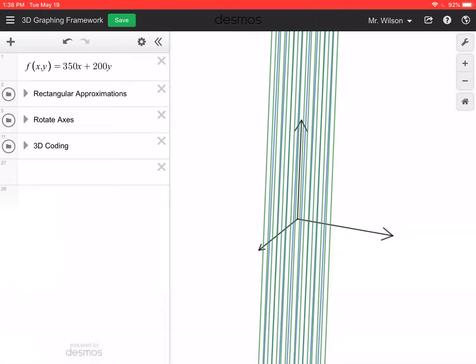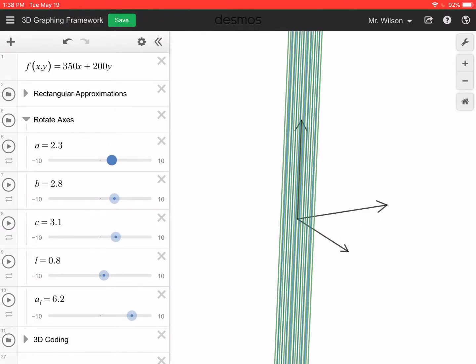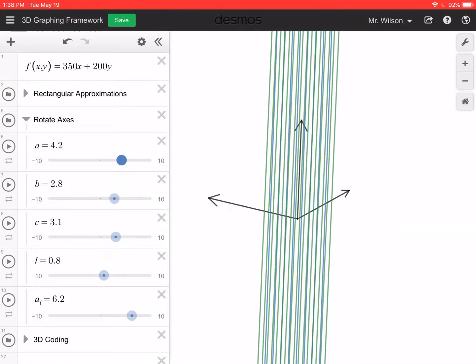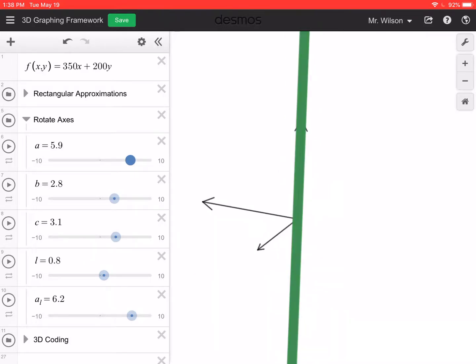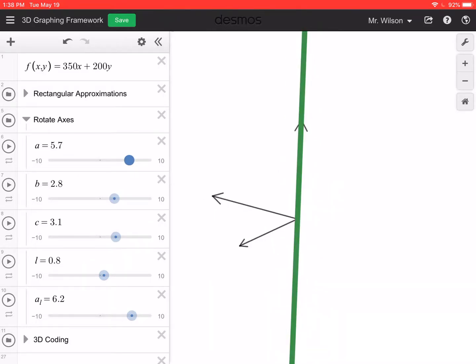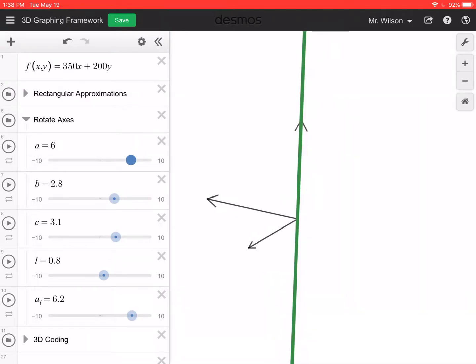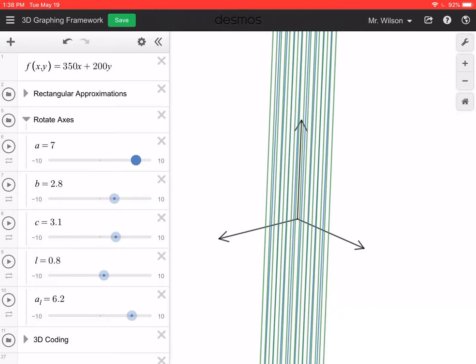Now, this may not look like much right now, but let me rotate this a little bit so you can see. If you can kind of get the picture of what's happening, we have a very flat surface. When I look at it from this perspective, we're almost right in line with it. What this is called is a plane.